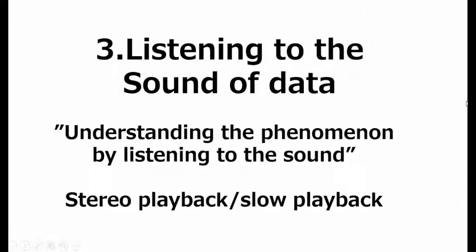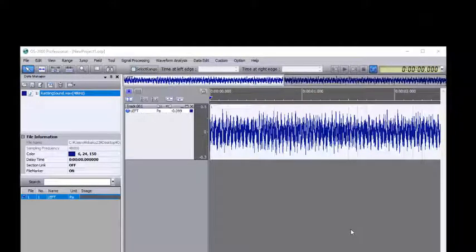The OS-2000 can play back the sound while analyzing the frequency of sound or vibration data. Here, the sound data is displayed on the screen. Click L or R speaker mark and turn it on. The mark becomes yellow. It means the playback is available.